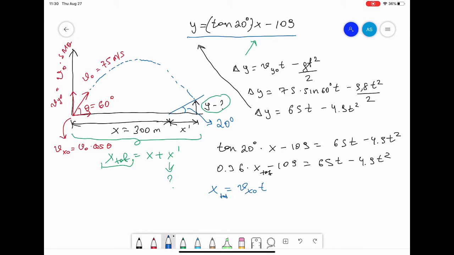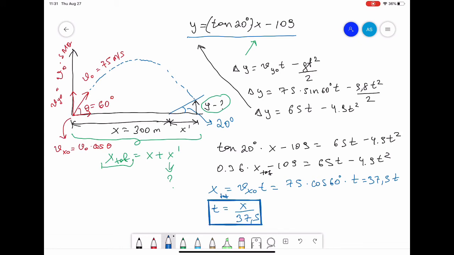Vx initial is equal to V initial cos theta, and if you plug in the numbers, we get 75 multiplied by cos 60 degrees multiplied by the time, which equals 37.5 t. So the time will be equal to x, the total, which we'll write down later, divided by 37.5.